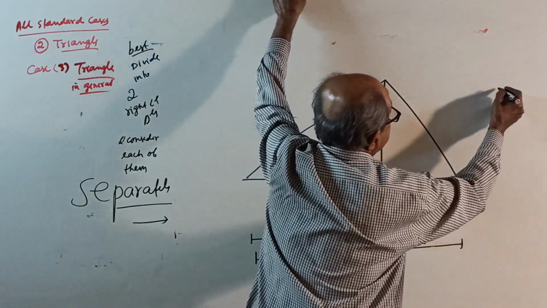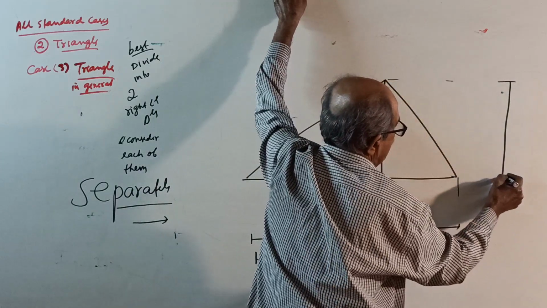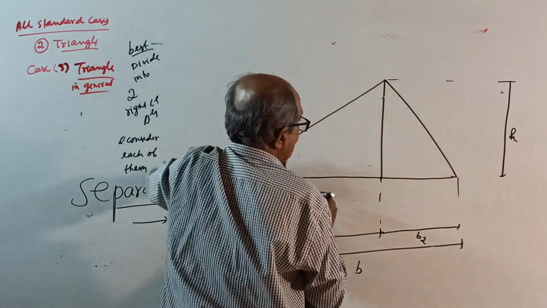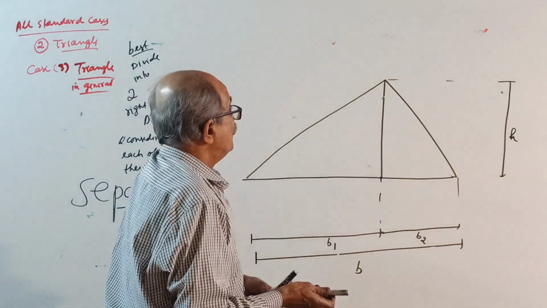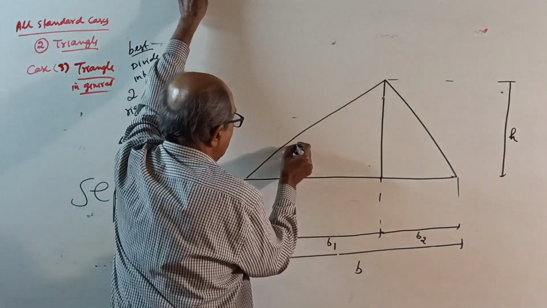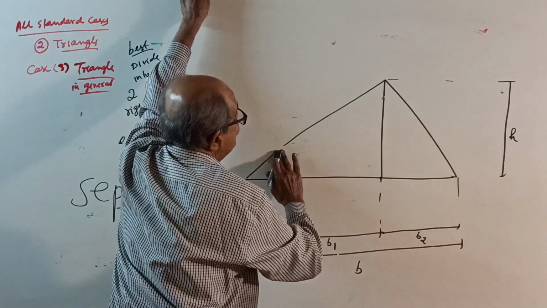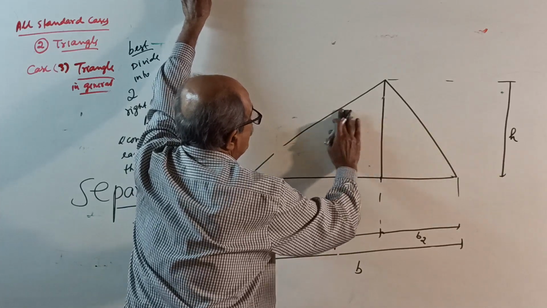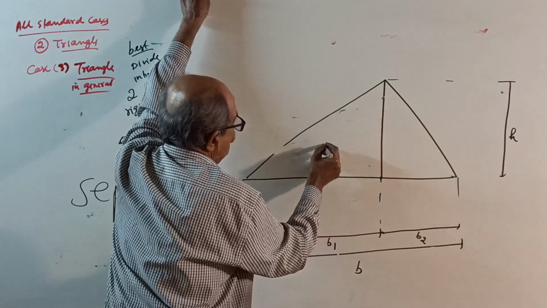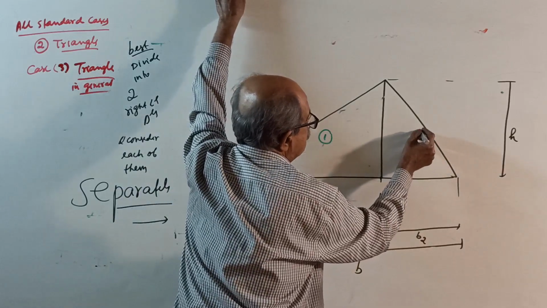This is height h. Okay, then now we have two triangles. I will take this as 1 and this as 2. I will put it somewhere here, this I will take as 1. This I will take as 2.